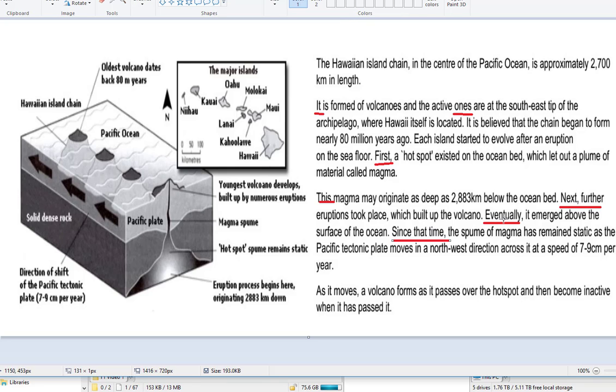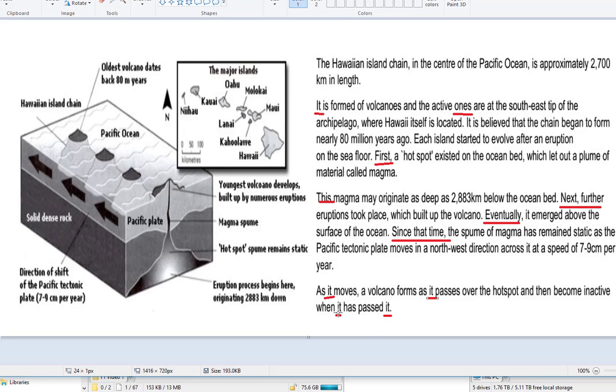Since that time. I was going to say this is some good referencing, but I don't know what the time refers to. Okay, so there's some faulty referencing here. This doesn't refer to anything. Here we see some referencing. Oh, too many "it"s in this sentence. What does this refer to? As it moves, the volcano forms as it passes over the hotspots and then becomes inactive when it has passed it.